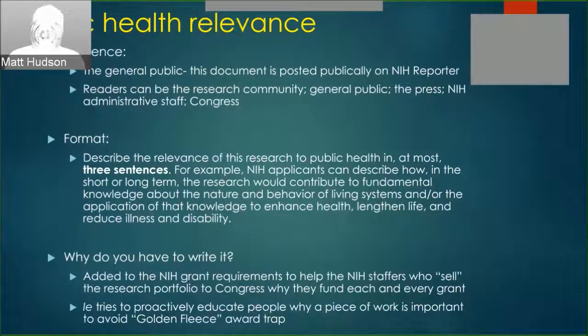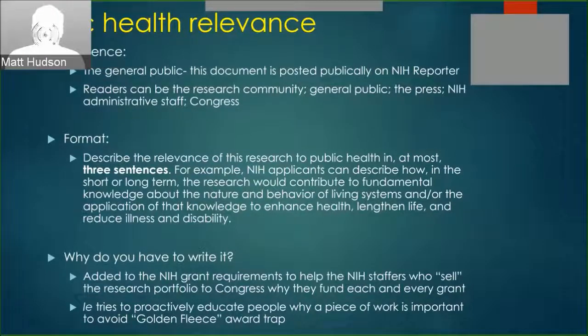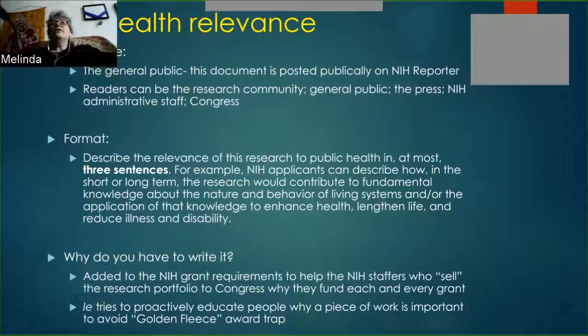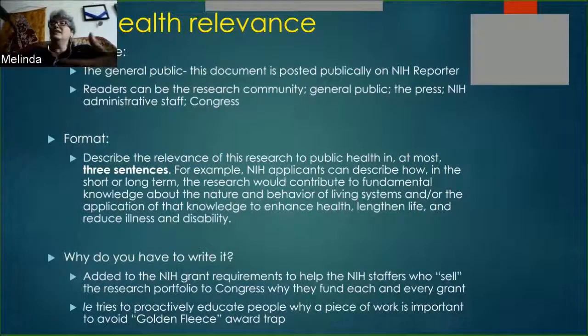Like if you're working on sea urchins, or plants, or C. elegans, the small nematode animal models, the actual research description may not explain why NIH would fund research on a plant. Why is NIH funding research on a plant? Well, it's because it's a really, really important model of microRNAs. But that might not be obvious from the project summary.